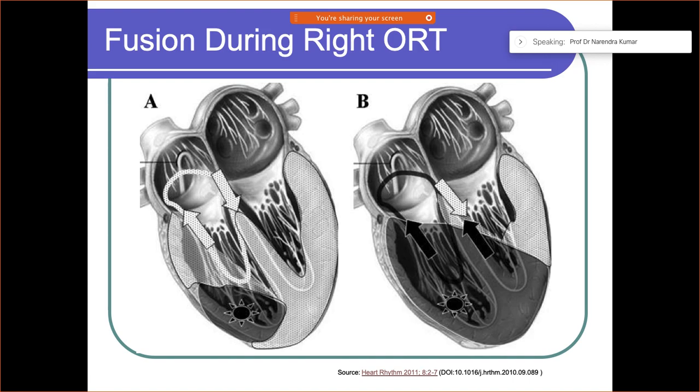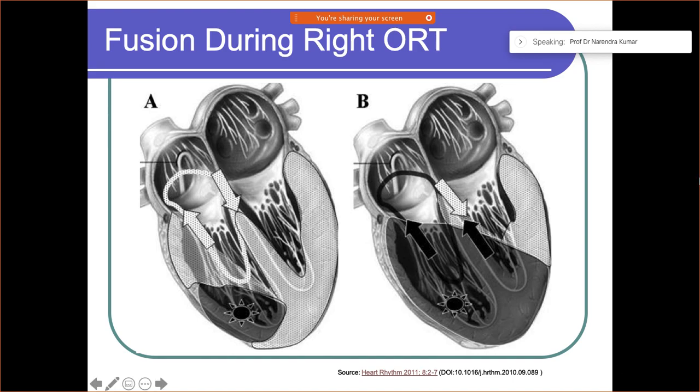The ventricular overdrive pacing results in fusion between the pacing wavefront, shown in black, and the tachycardia wavefront, shown in white with black stippling. With continued pacing, there is progressive fusion with an increased amount of ventricular myocardium depolarized by the pacing wavefront.